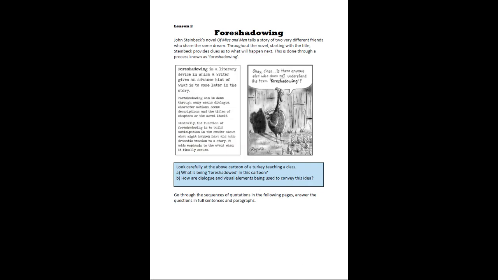Write your answers down to these questions. What is being foreshadowed in this cartoon? And how are dialogue and visual elements used to convey this idea? And there's a bit of a hint here. Look at the teaching turkey's shadow. Look at the shadow, okay? You can pause this video now to write down your answers to these questions, and then we will move on.